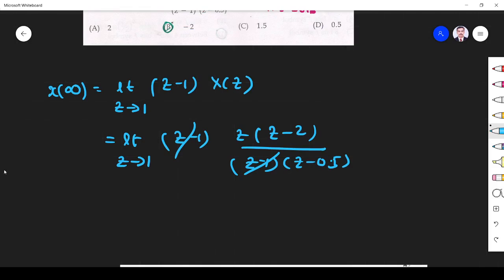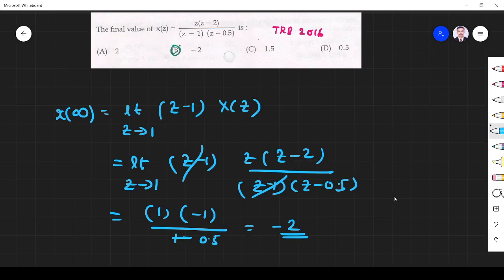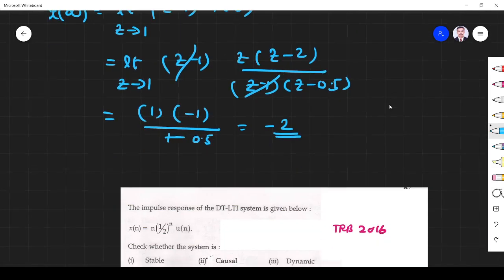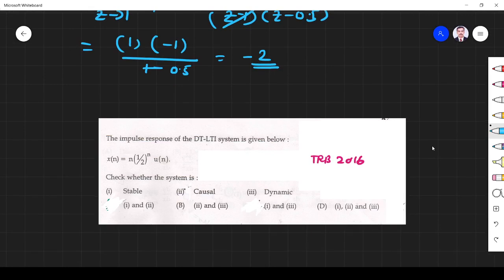What we get is, substituting 1, minus 1 divided by 1 minus 0.5, that is minus 1 by 0.5, which is minus 2. So option B is the correct answer. Right, simple one.